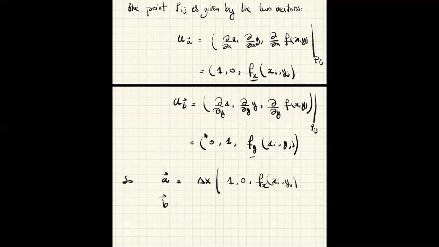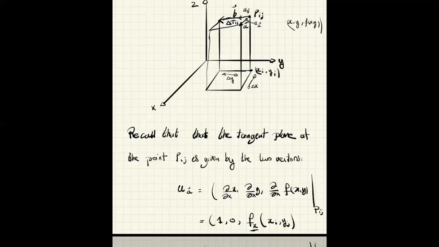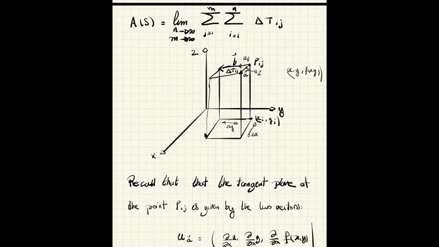And b is equal to delta y times (0, 1, fy), right? Here I'm going to explain why this is true. Okay, so what is the best way to do this? Let me do what I did the last time.